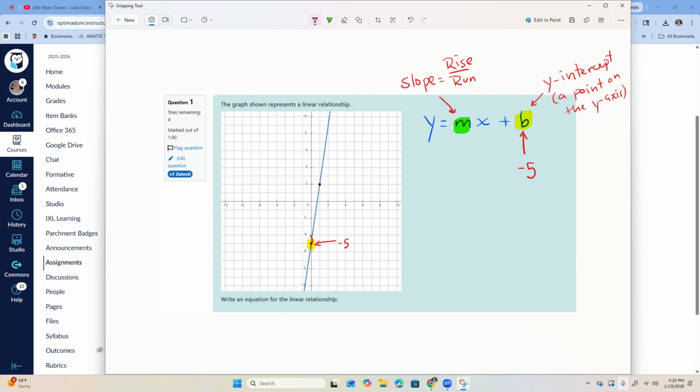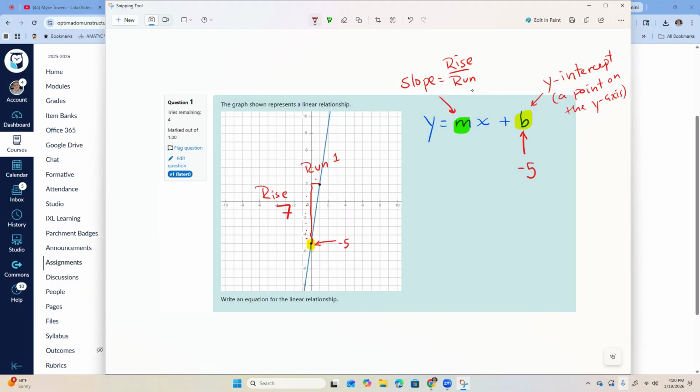I go straight up here, and then I make a right turn. You see, I did the L, it's upside down now. Then I count the rise, counting the squares: 1, 2, 3, 4, 5, 6, 7. The rise is 7. Then I count how many squares the run is. Only 1. So the run is 1.